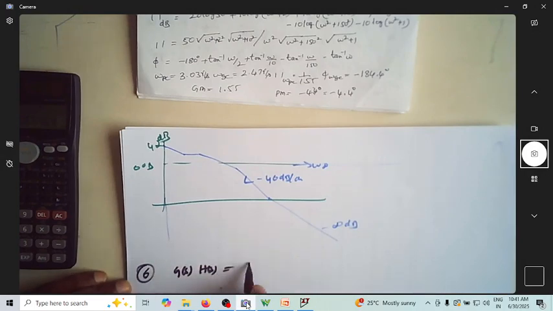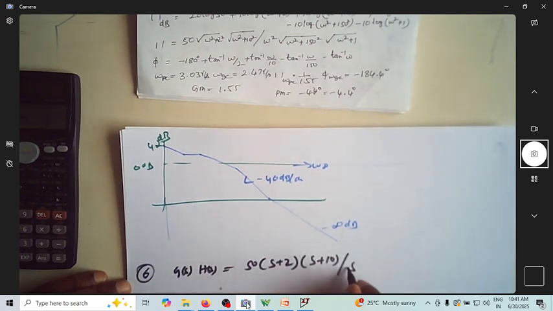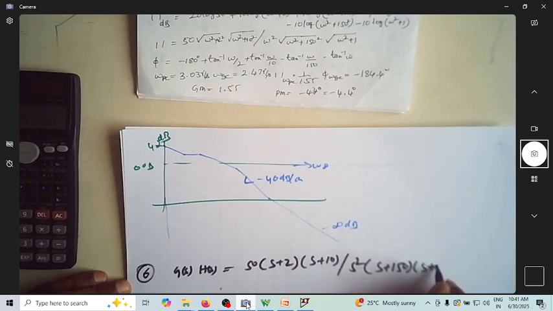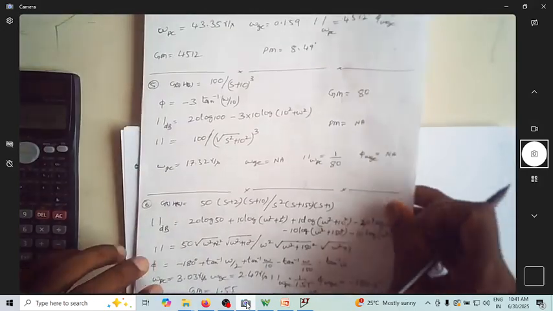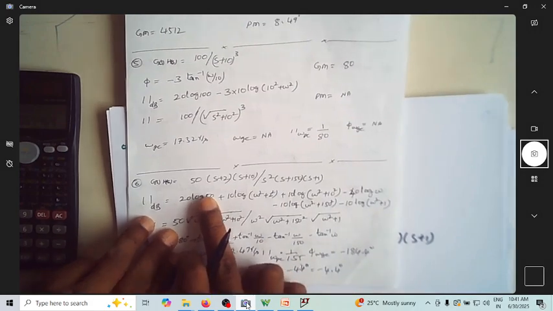So it is 50 into (s plus 2)(s plus 10) divided by s square into (s plus 150) into (s plus 1). This is the equation I have.